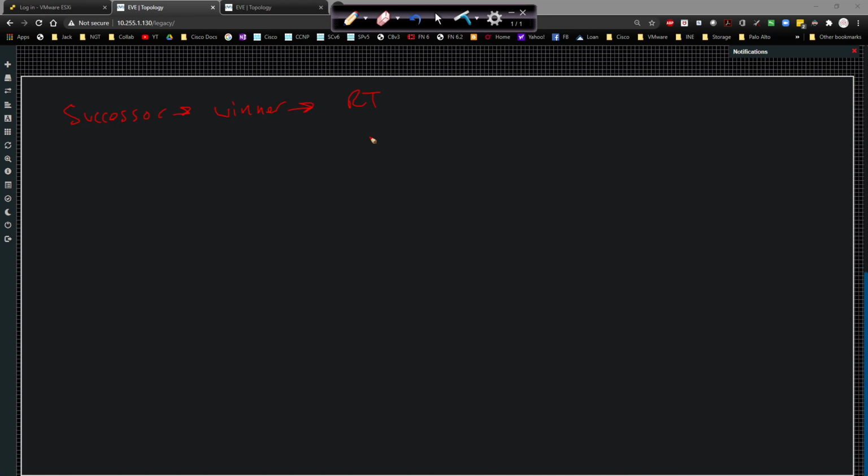Any other routes that are less preferred or have a higher composite metric, but still potentially could be used in a reconvergence or a network outage type of scenario, are known as the feasible successor. And what I mean by that is a really good example would be president and vice president.